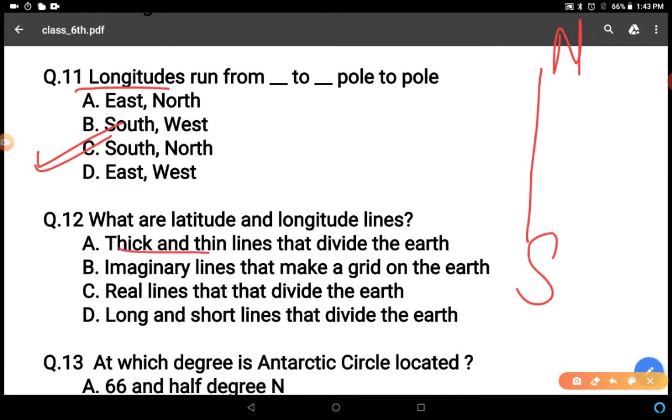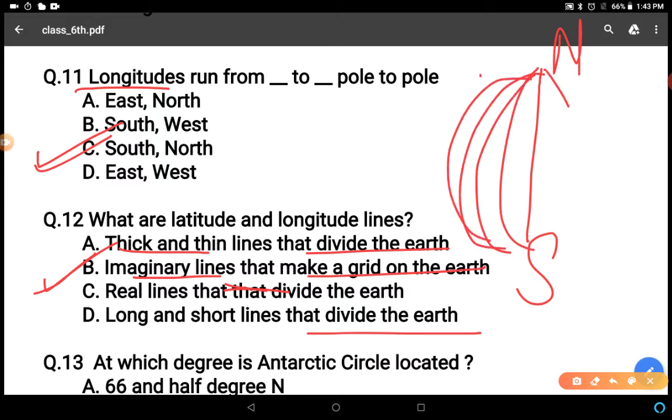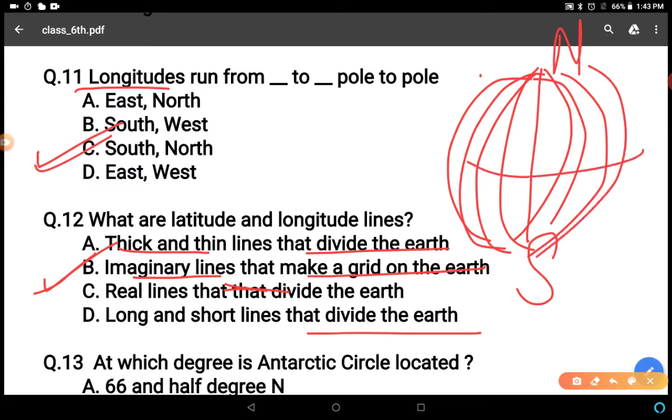Thick and thin lines that divide the earth, imaginary lines that make a grid on the earth, real lines that divide the earth, or long and short lines that divide the earth. So B is the correct option, because these are imaginary lines that make a grid like this on the earth. These are longitudes, latitudes like this and like this. So this is a grid.